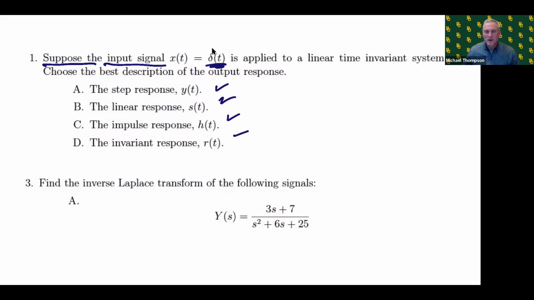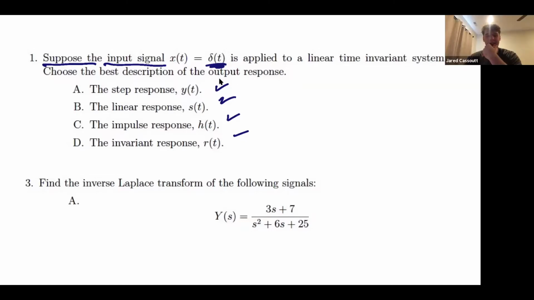You put in an impulse. Is it the step response? Well, that's a good guess, but if you put in an impulse, you get an impulse response. So if you put in a step, what do you get, Jared? A step response. Step response, yeah.